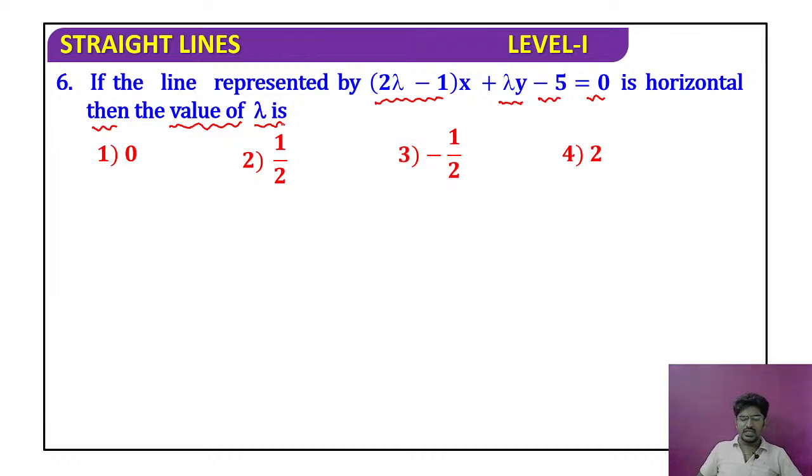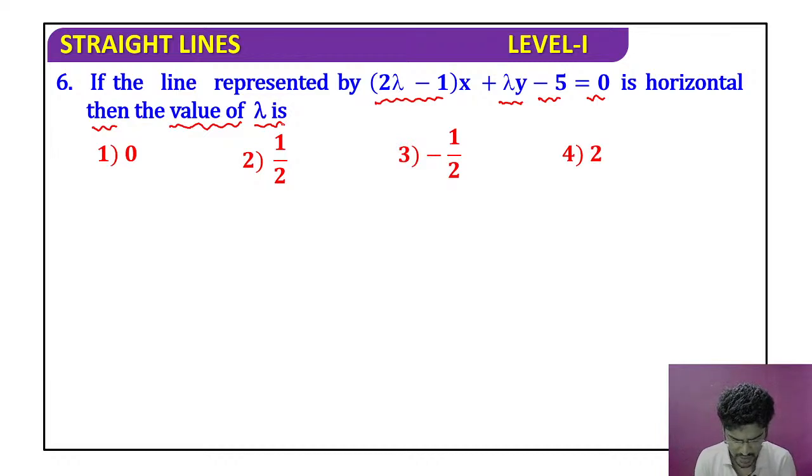Already I have explained in the synopsis: line parallel to x-axis, line parallel to y-axis. Everything I have already explained. So now you just recall what is the slope of the x-axis and of a line parallel to the x-axis. From that, I think you can write the answer without solving.